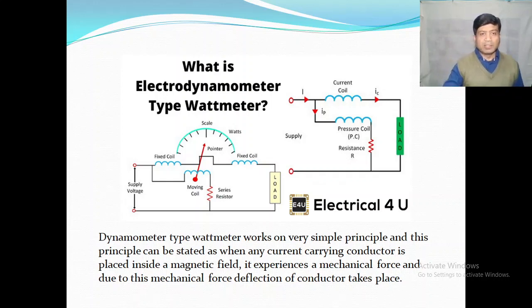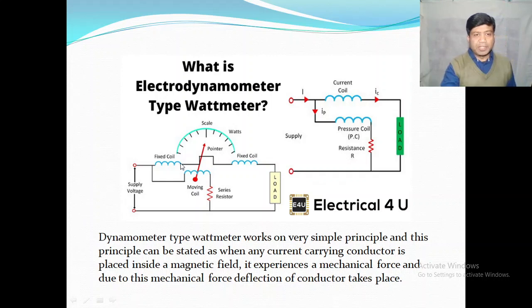We can see here in the diagram that the electrodynamometer type of wattmeter carries the fixed coil and the moving coil. Two types of coil are present in this instrument, with the moving coil being suspended in between the two equal partitions of the fixed coil. What does that mean?